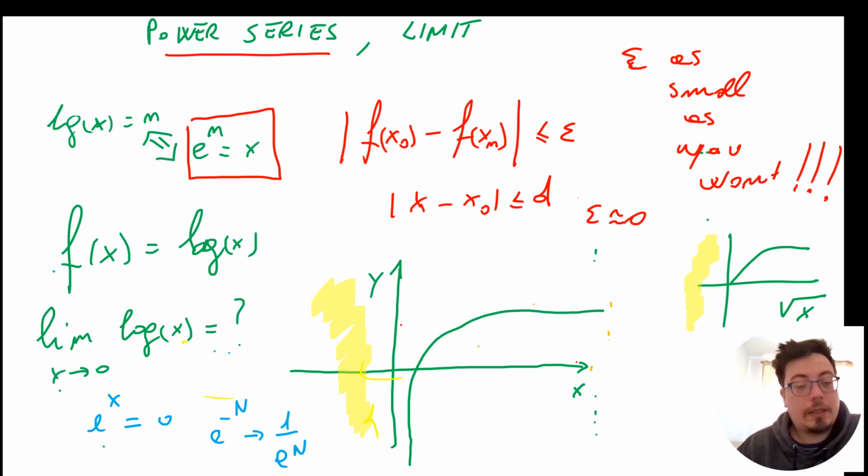E to the n is as large as we want, and 1 divided by a number as large as we want goes to infinity. Exactly. So basically, the function goes to minus infinity here.